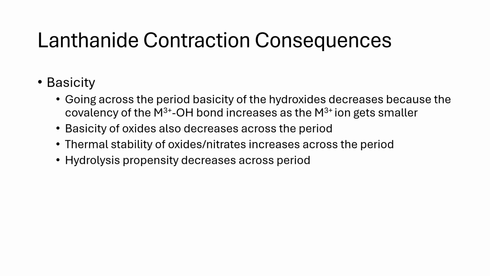So as the materials become more covalent in character, that's the oxides, nitrates, hydroxides, etc., they become more stable. And the propensity to be hydrolyzed, that means to break up into its constituent ions in aqueous solution, decreases. So the first member of that series, you can hydrolyze it, you can dissolve it, but the last member you can't, for example.